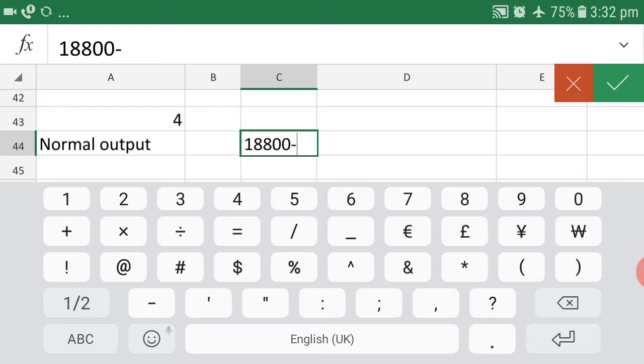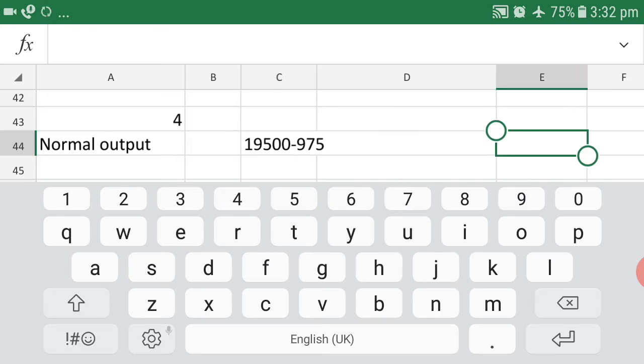Here, normal output: 19,500 is the opening raw material, that is the input, minus normal loss 975.